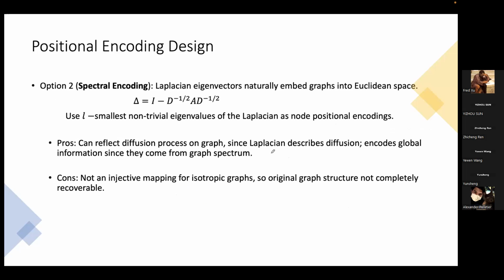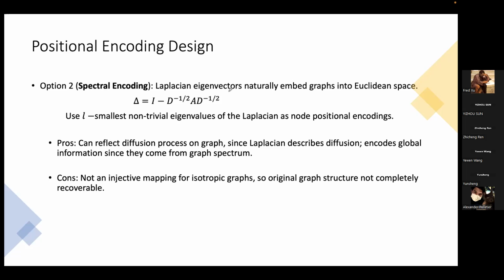Then they talk about another possible way to do the encoding, which is using the Laplacian eigenvectors. You can see that the Laplacian matrix is basically the spectral representation of the graph.